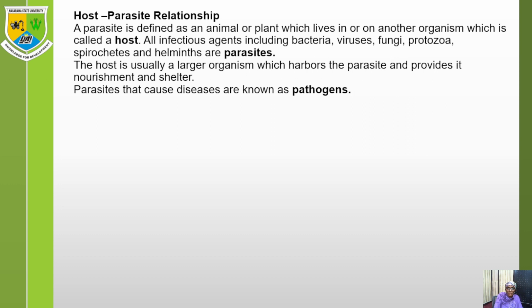Host-parasite relationship. A parasite can be defined as an animal or plant which lives in or on another organism, which is called a host. All infectious agents including bacteria, viruses, fungi, protozoa, spirochetes, and helminths are all referred to as parasites.